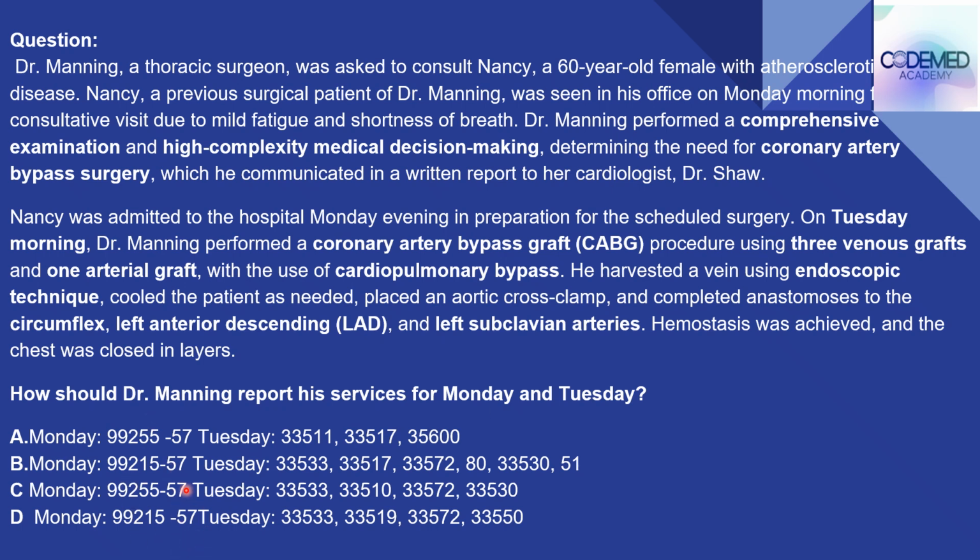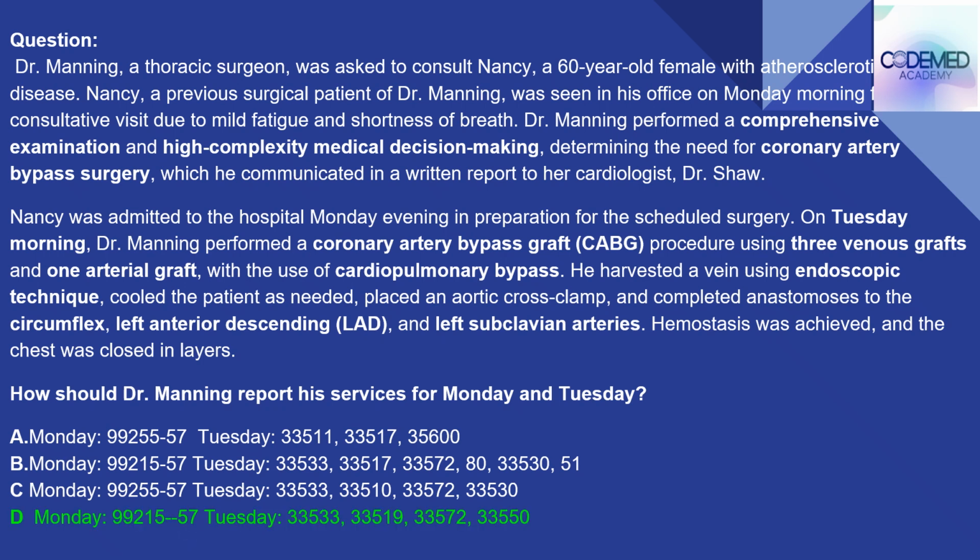And we are going to put a modifier 57 because during this visit, the decision for the surgery was taken, and that happened on Monday. And Tuesday he is operated. He has done the 3 venous, 1 arterial graft, and the cardiopulmonary bypass, and for which we will also require the code. So first, after looking at this, A and C go away. In between B and D, we have to decide the code.